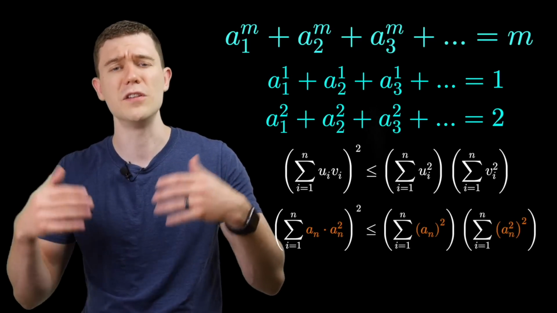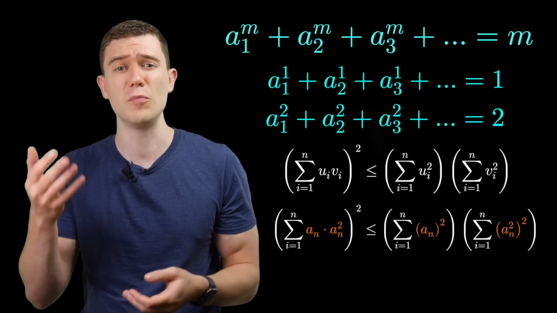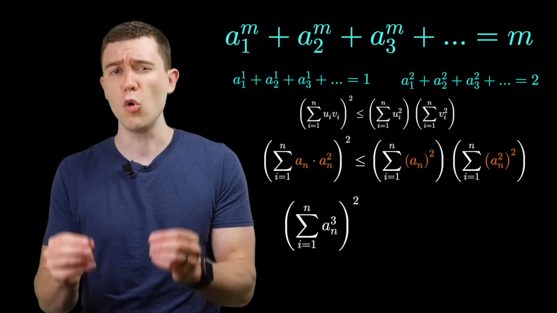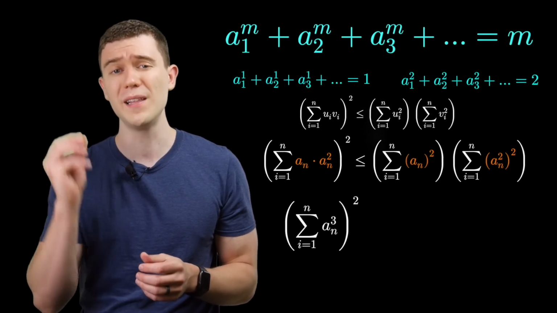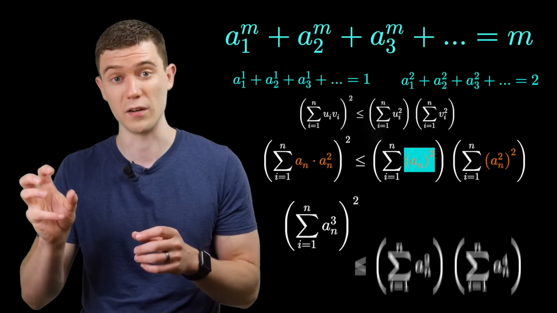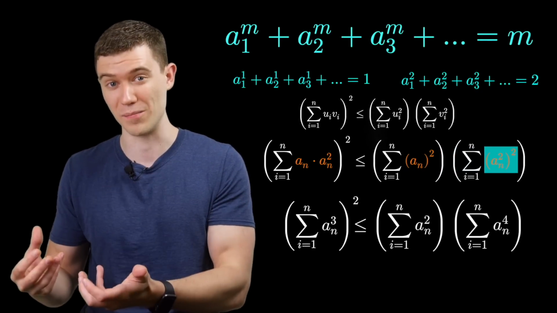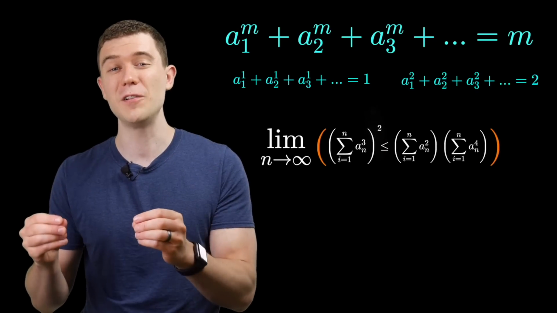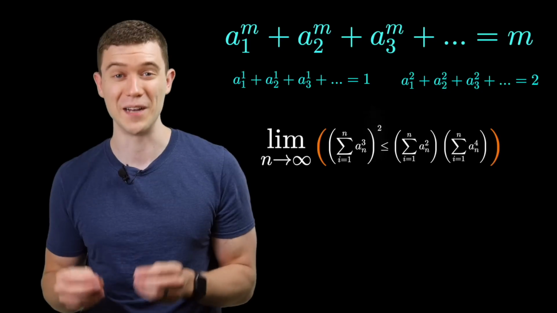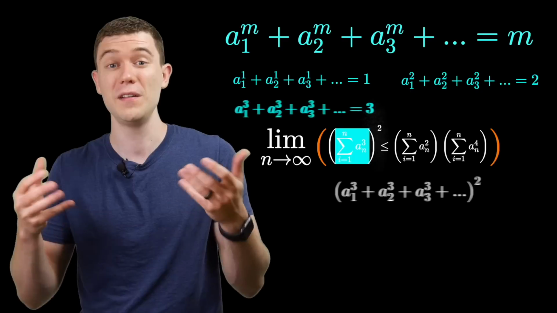We'd have a sub n to the first times a sub n squared. Properties of exponents, that would be a sub n to the third. And according to our inequality, this should be less than or equal to the sum of a sub n to the first, squared, times the sum of a sub n squared, squared. If this proposed infinite sequence did exist, we know how to sum these quantities. The sum of a sub n cubed, well, that would be 3.